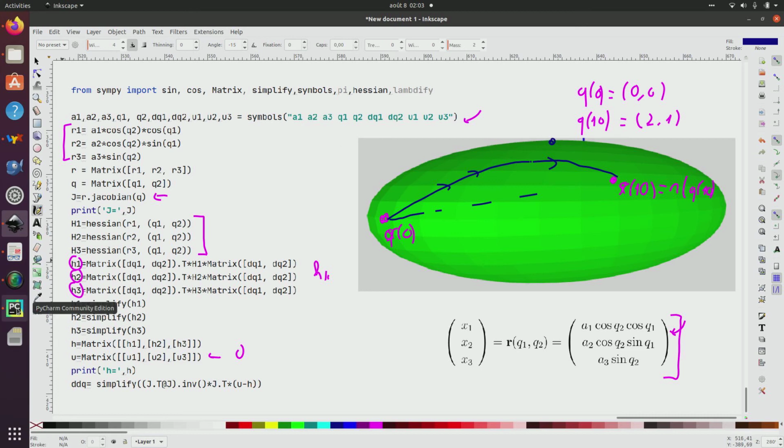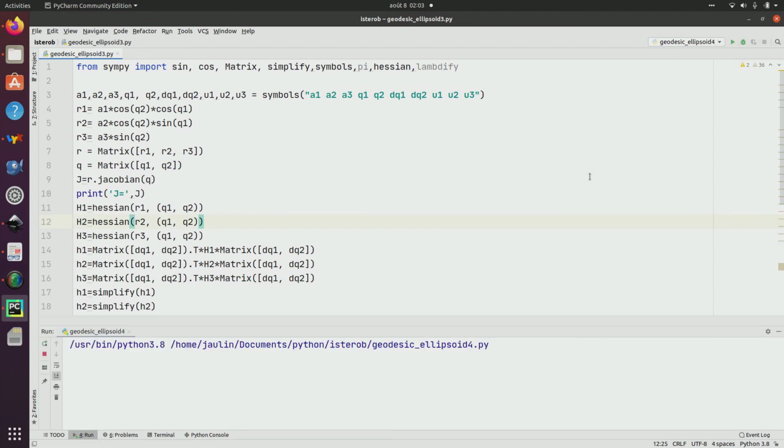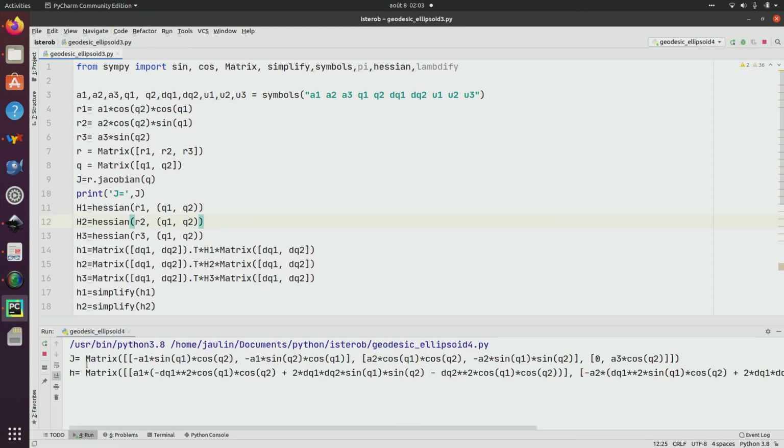So I go to Python, I run the program, and I will obtain the matrices J, H. It takes more time because the expressions are longer and are probably not so easy to simplify.